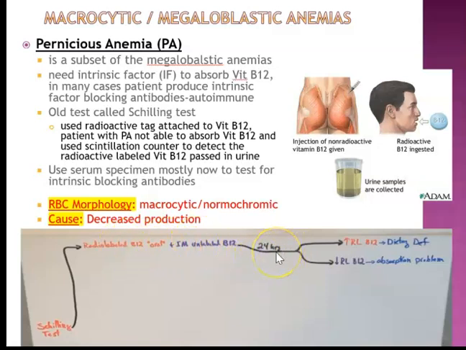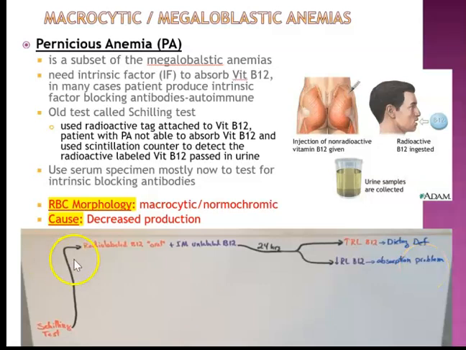The patient waits 24 hours. And then you collect the urine sample. If there's an increase in the radioactive labeled B12, there's a dietary deficiency. If there's a decrease in the radioactive labeled B12, there's an absorption problem.